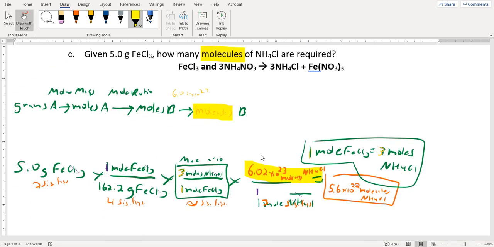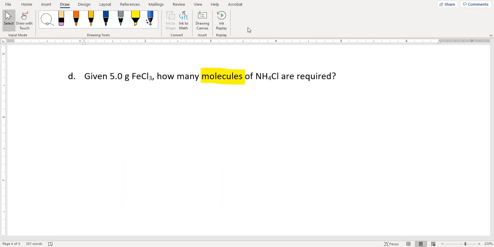Now we're going to do one more. Only instead of starting off with grams of iron chloride, we're going to start off with molecules as well. So maybe I'll say something weird. Instead of using a really large number, I'll use a regular one.